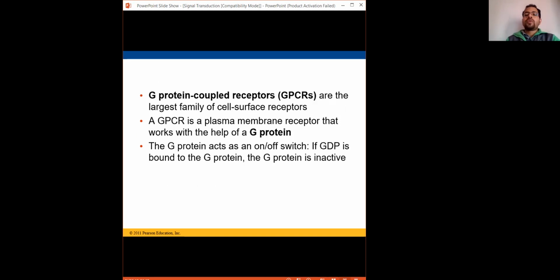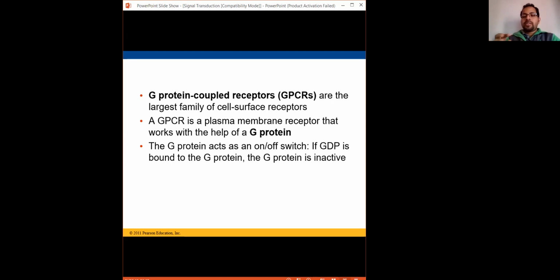Now we are focusing on G protein coupled receptors. In short, they are known as GPCRs. These are the largest family of cell surface receptors. This protein is a plasma membrane receptor that works with the help of another protein, which is known as G protein.